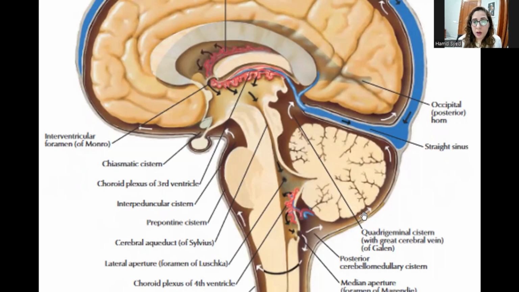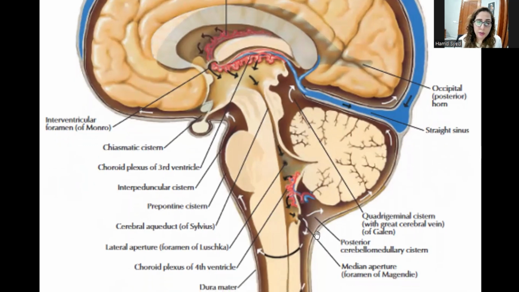So now the white arrows are showing the circulation of CSF in the subarachnoid space. So this is the exit of the CSF from the ventricular cavities through the median aperture of Magendie. And here on either side of the medulla, you can see the point of entrance of CSF through the lateral apertures.